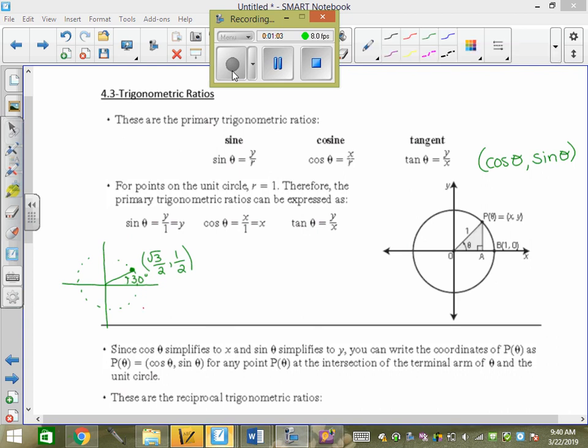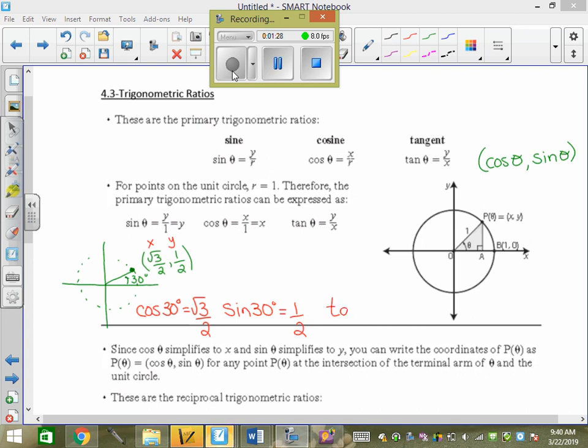We know that cos of 30, from what we did 2 days ago, is root 3 over 2. It's just the x value. We know sine of 30 is the y value. So cos is x, sine is y. What is tan?